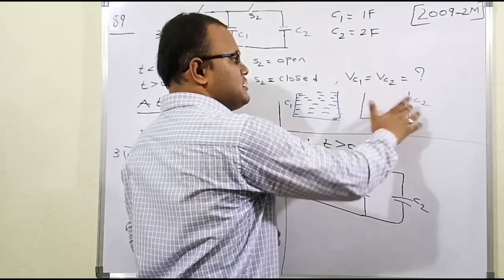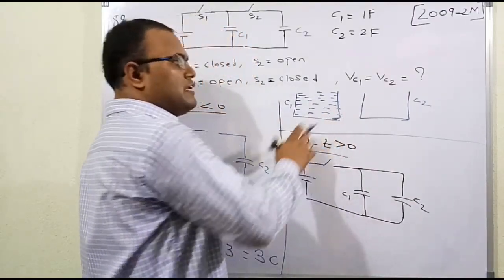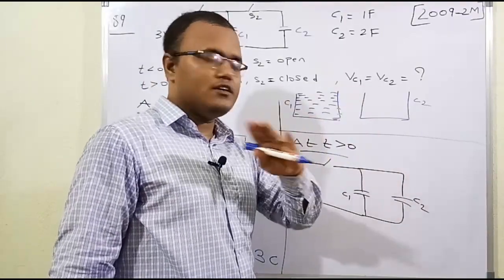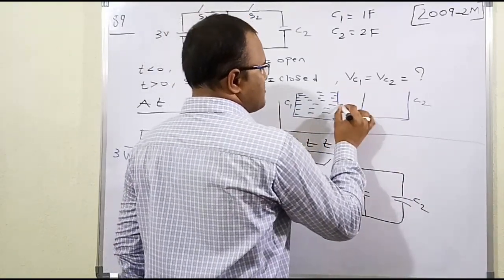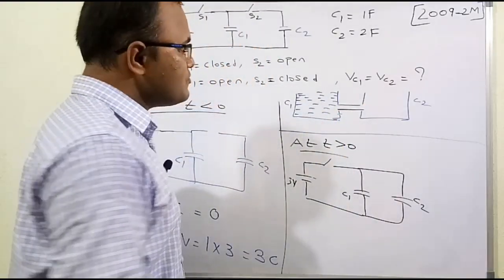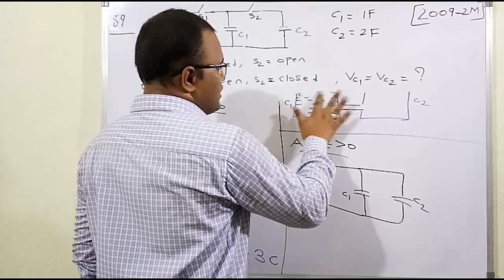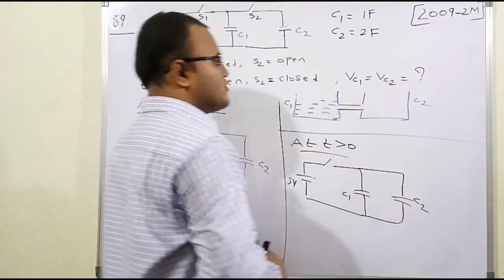The tank C2 is empty. C1 is fully filled with water and C2 is empty. Now I will connect a pipe between both of these tanks. So what will happen? Water goes from tank 1 to tank 2.